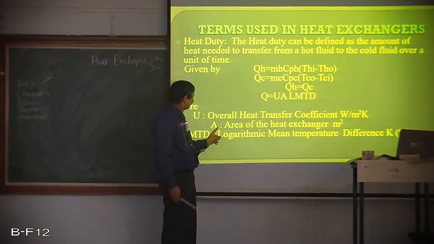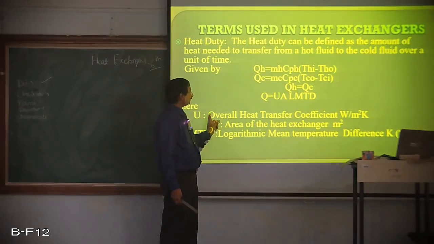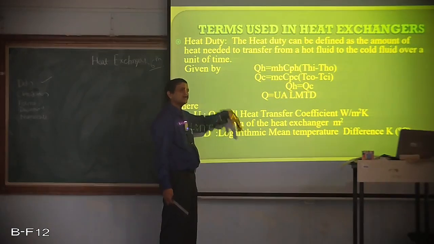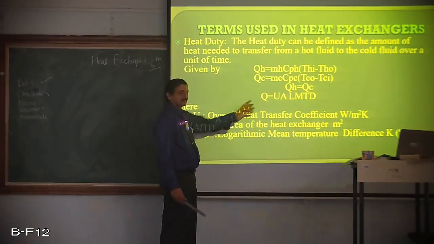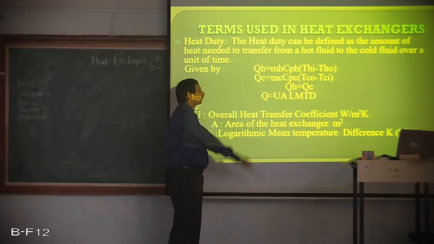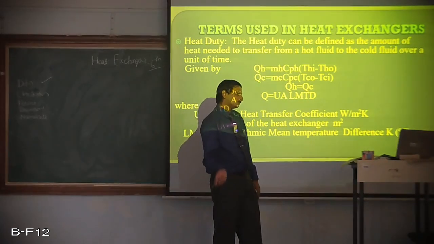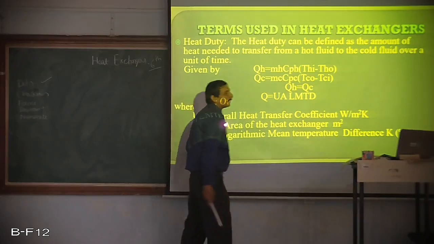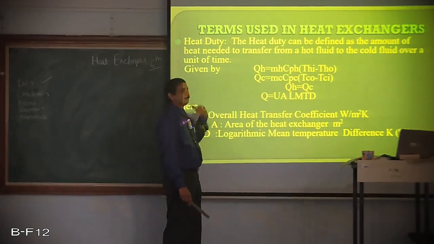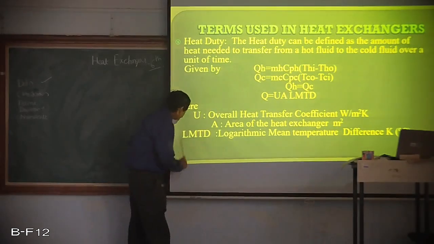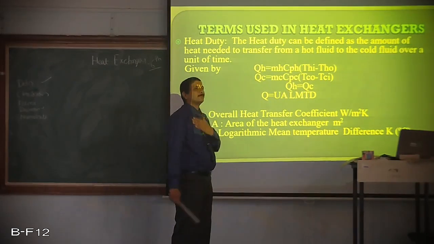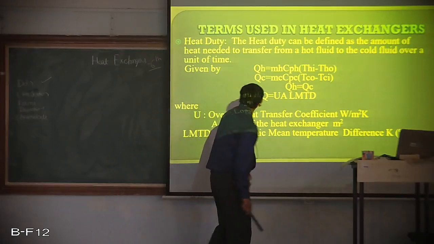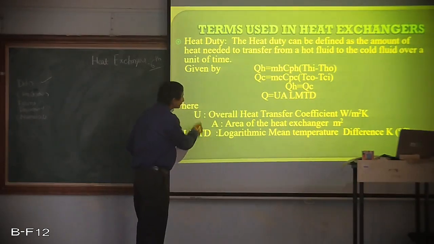If it is the inner diameter, then it is the inner surface overall heat transfer coefficient. If it is the outer surface, then it is called the outer surface overall heat transfer coefficient. Alternatively, it is called the overall heat transfer coefficient based on the inner area if it is pi D_i L, and pi D_o L for the outer. Then the last one, most important, is the LMTD, which is called the logarithmic mean temperature difference. Then the question comes, sir, what exactly do these terms mean?